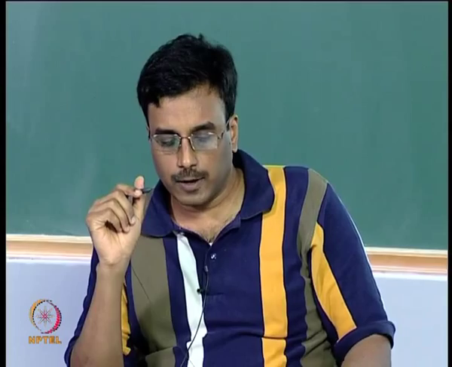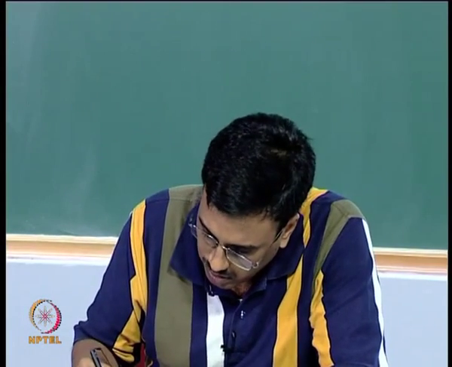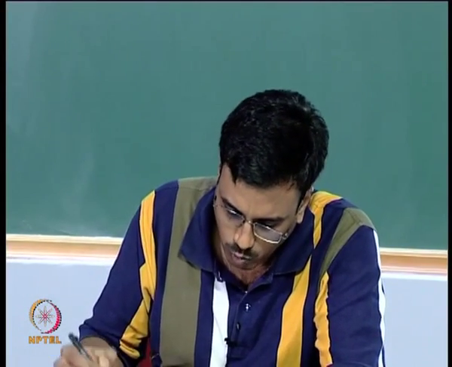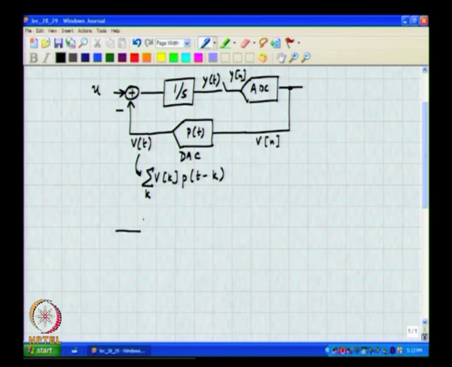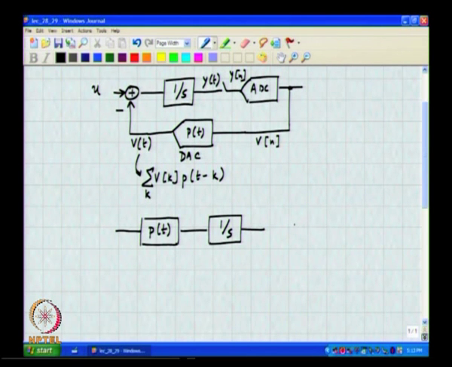As we saw the last time around, what we want is to make sure that the cascade of the DAC pulse shape P of t along with 1 over s behaves equivalently to Z inverse by 1 minus Z inverse.